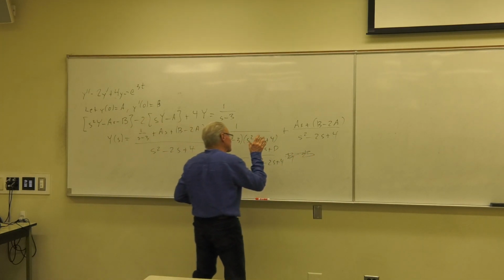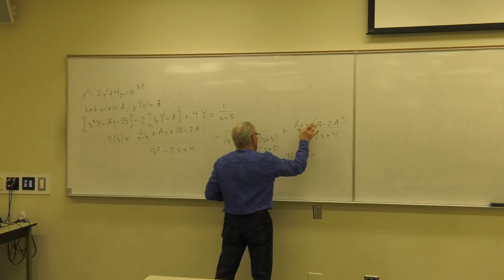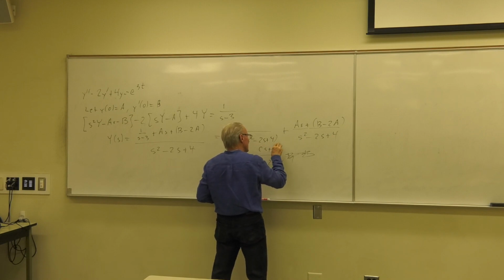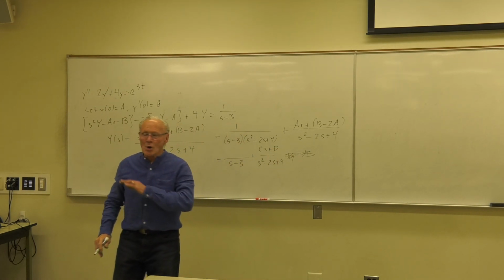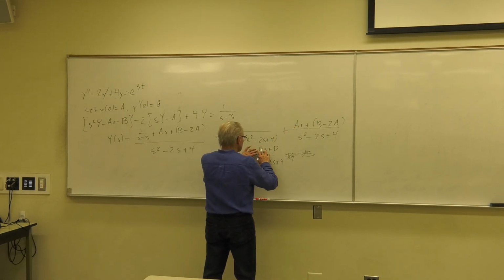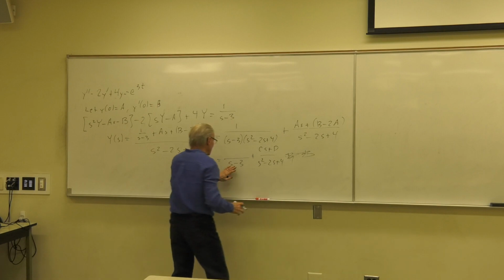If I find out exactly what the C and the D are, and I combine them with this, then I would have something in here with A's and B's, or A's and some numbers, and B's and A's and some numbers. Do I care about the A and the B? No, I don't. I'm simply going to say, if I did all of that, I get something here and something here. Let's call it C and D.